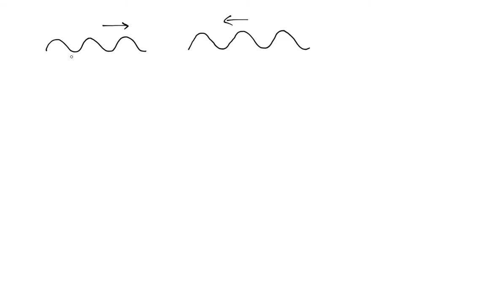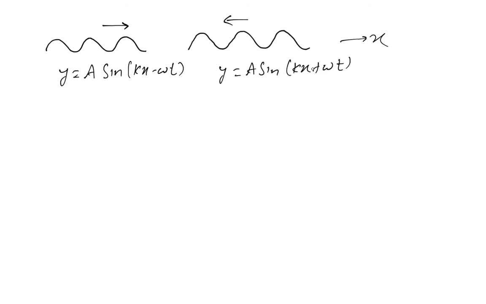Let's say this wave is y equals a sine (kx minus omega t), and let's call this the positive x direction. And this guy is y equals a sine (kx plus omega t).